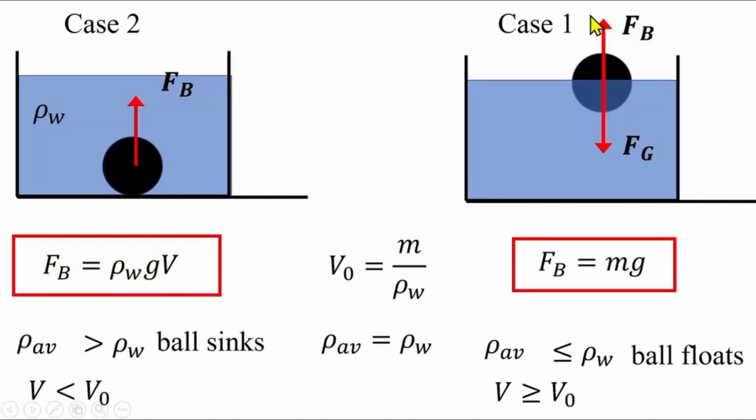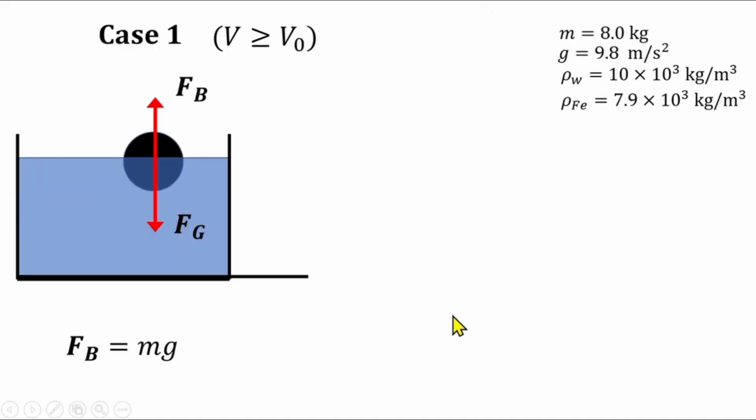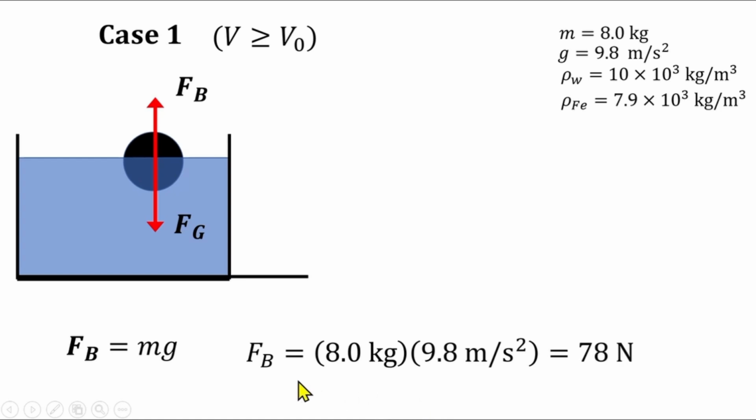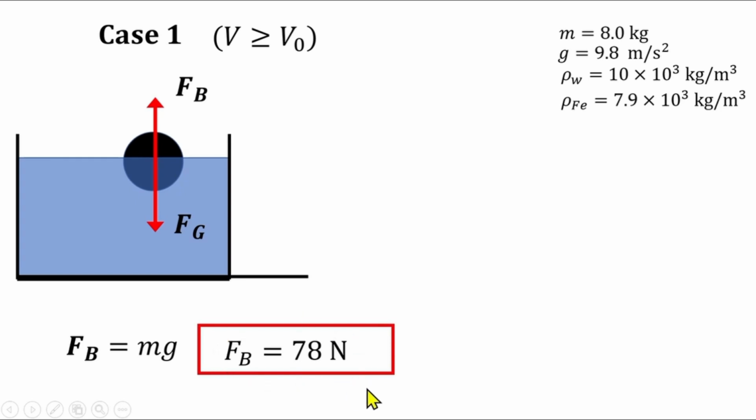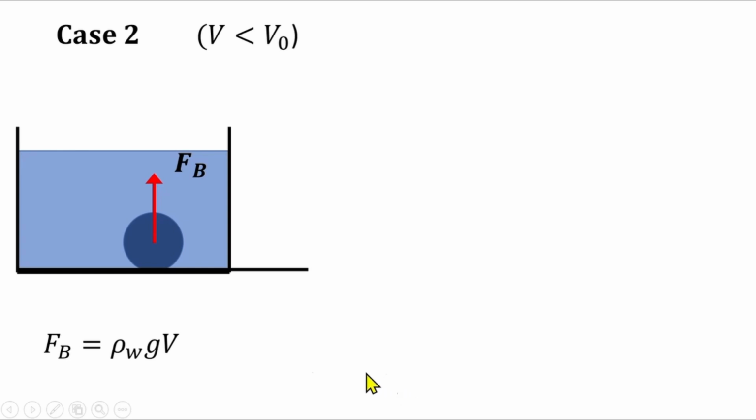We return to case 1. In this case, buoyant force is equal to mg. We can calculate it, and we keep this value for further consideration. In case 2, buoyant force is given by this equation.